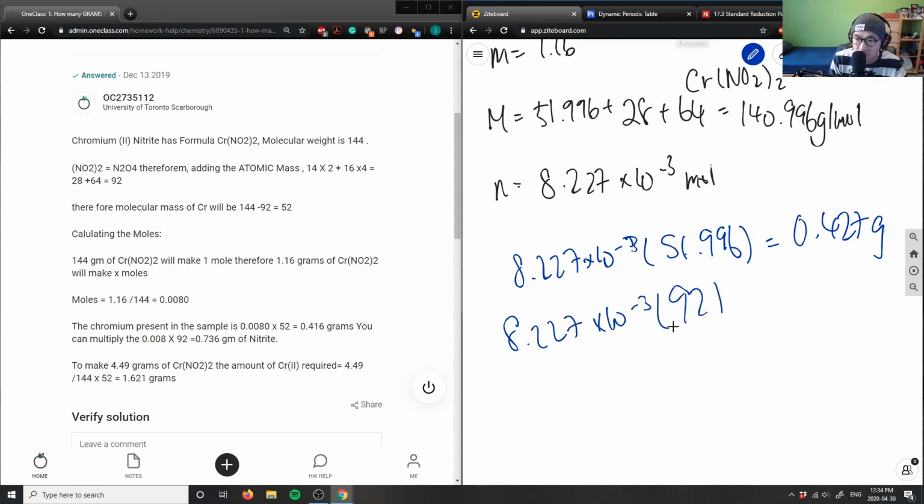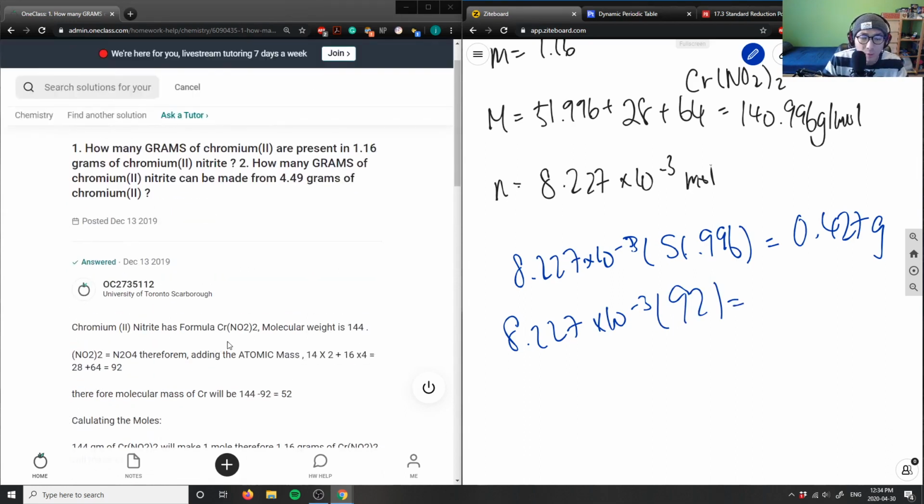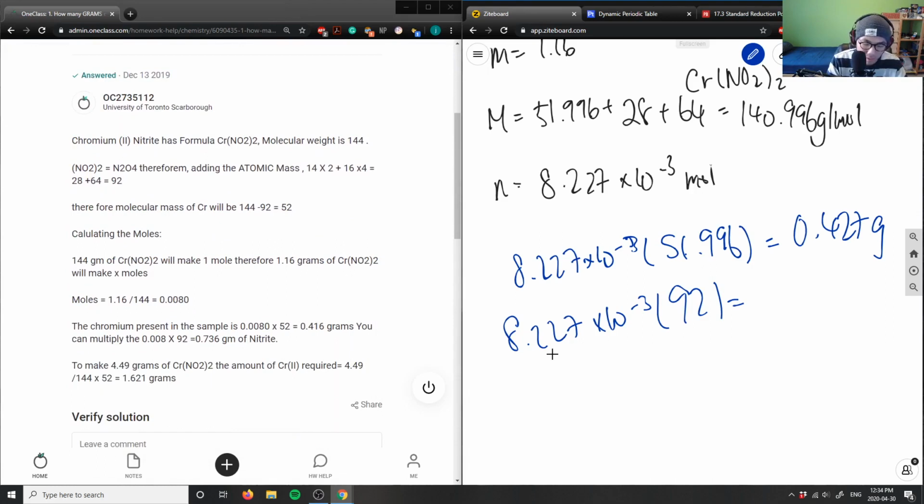So it's 92, which would be basically 1.16 minus 0.427 to give me the remainder. So this is 0.733 grams of NO2.